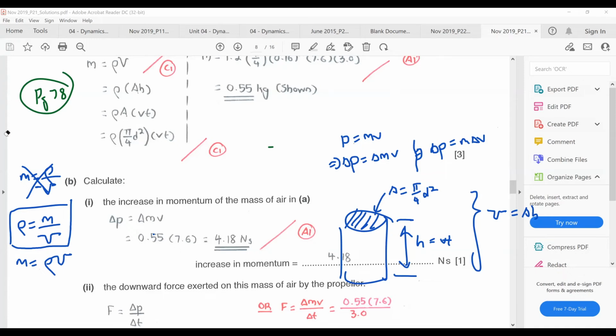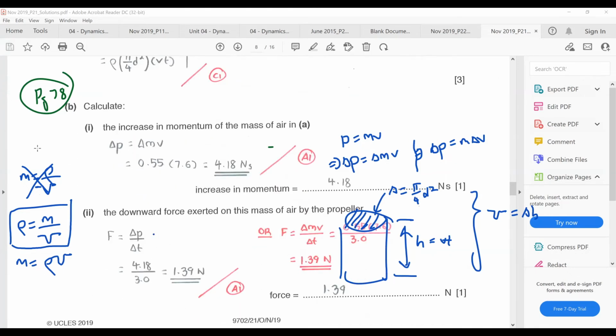And then after that, they ask you, what is the downward force exerted on this mass of air by the propeller? Since you already found out your change in momentum, remember that force is rate of change of momentum.